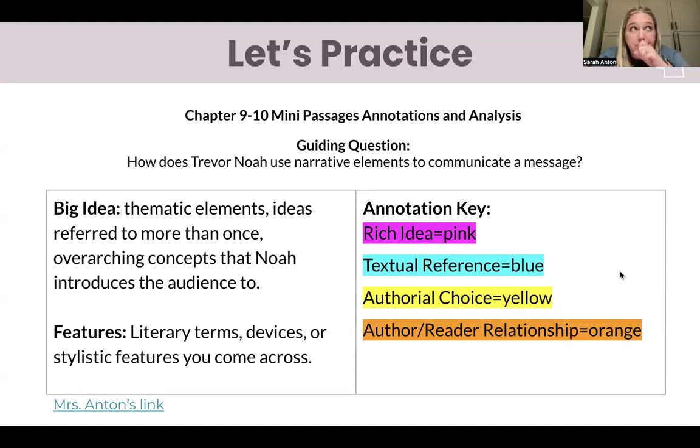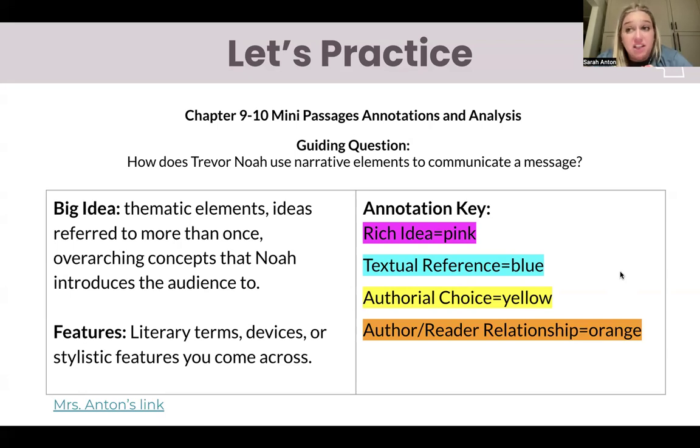Now, remember, when you say that there is an effect as a result of an authorial choice, that is creating a relationship between the author and the reader. Like the author's doing this thing, the effect is on the reader. That's a relationship. You get me? So, I have highlighted in this sample where these things are.